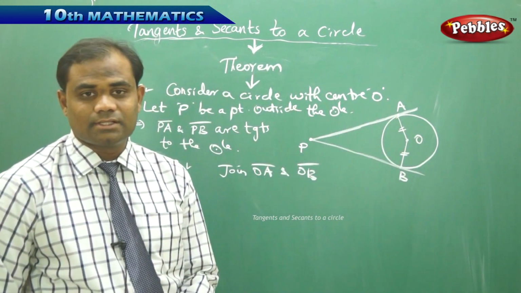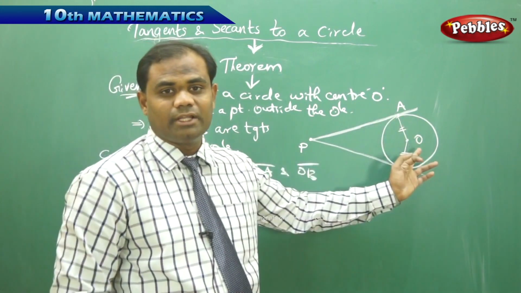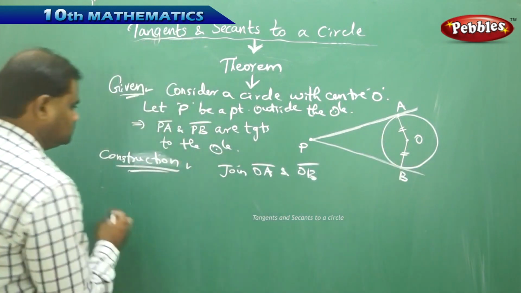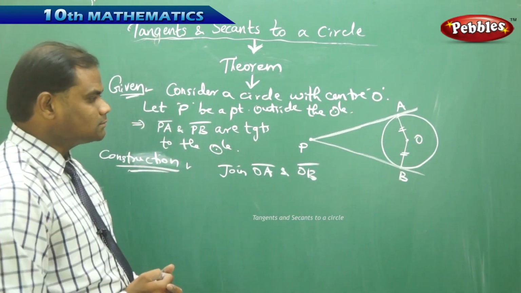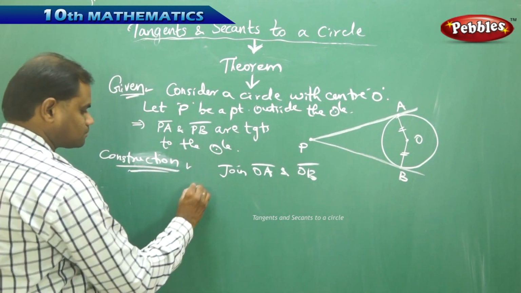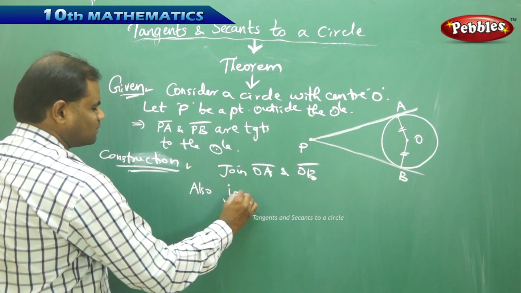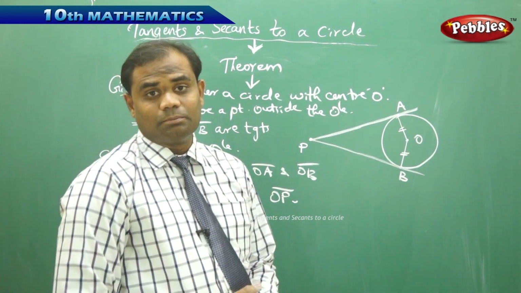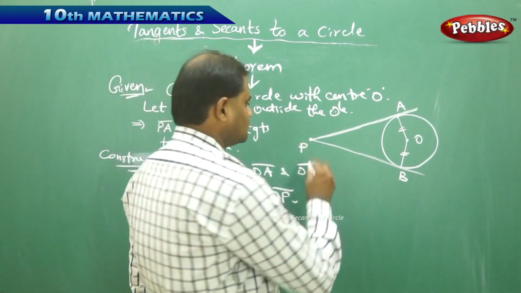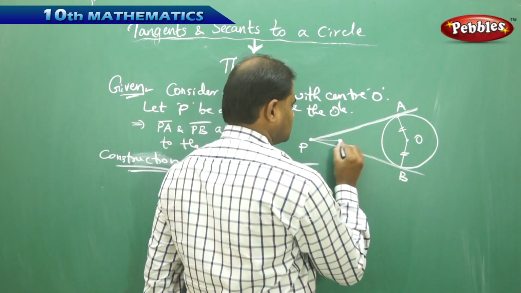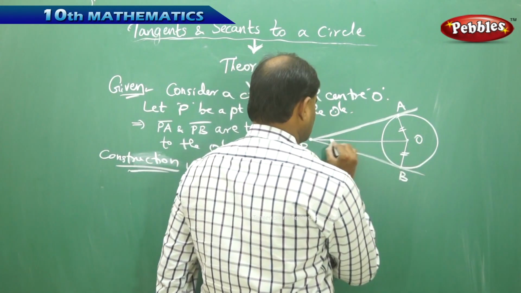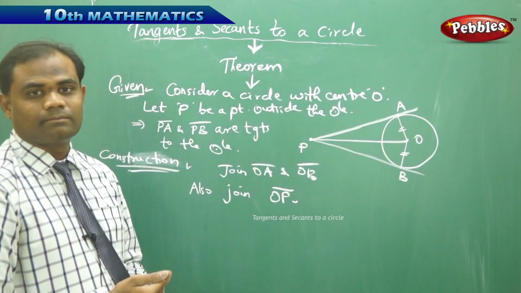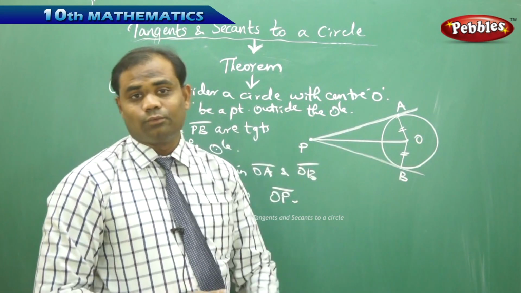Since the radius is equidistant from any point on the circle to the center, OA is equal to OB. Also, I join OP, because this helps me in the further proof of the given statement.